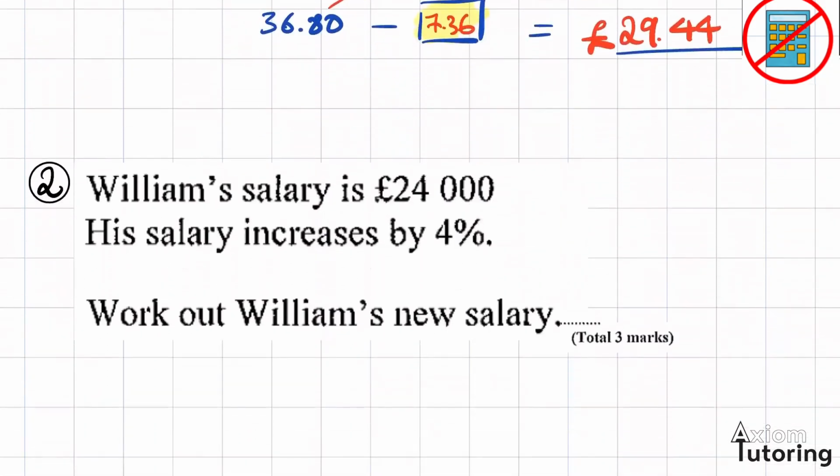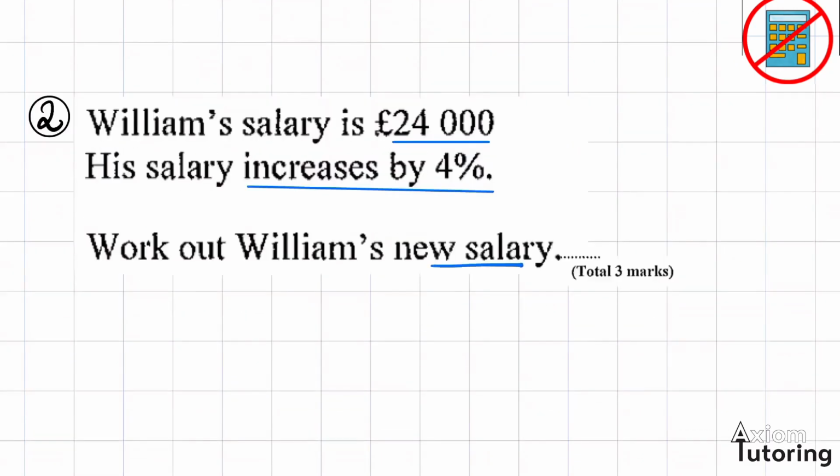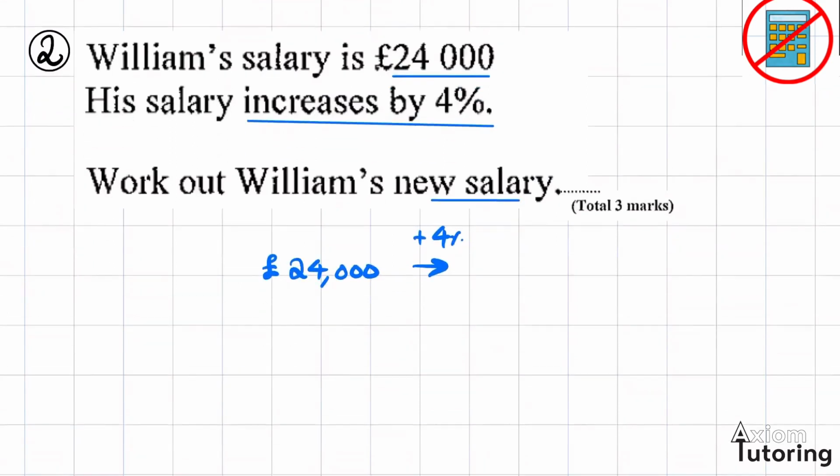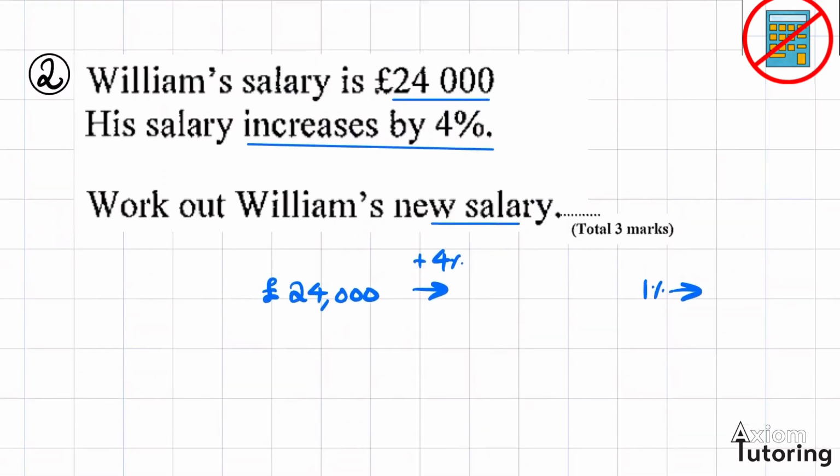Looking at question number 2, another very practical question. William's salary is $24,000 and his salary increases by 4%, and we want to work out his new salary. So he still has the $24,000 he was getting before, but we want to add 4%. For that, we have to work out 1% first, and 1% is always divided by 100.